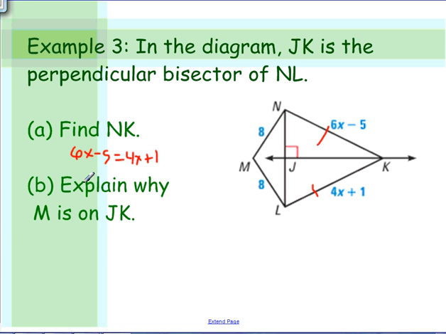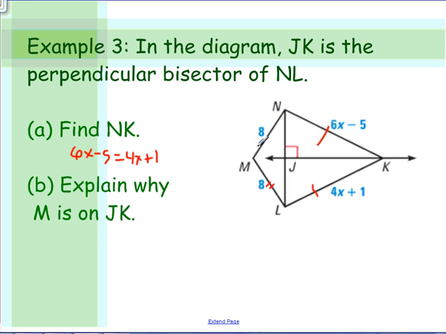All right, so explain why M is on JK. The reason M is on JK is because this is a perpendicular bisector. These two are congruent. We then also know that NM and ML are congruent.